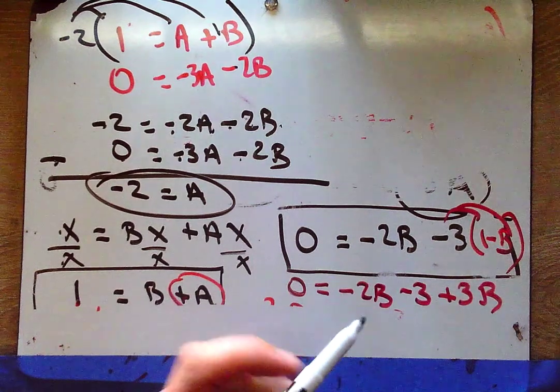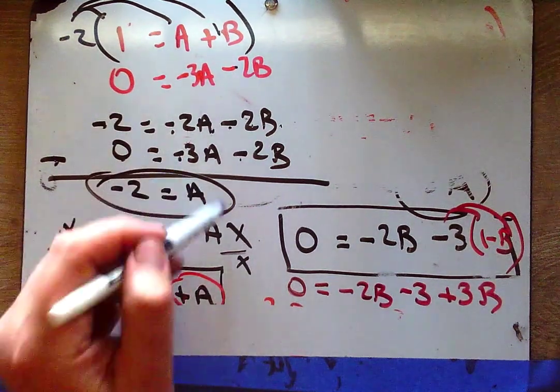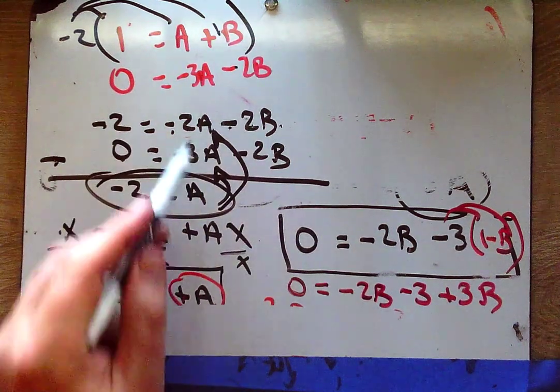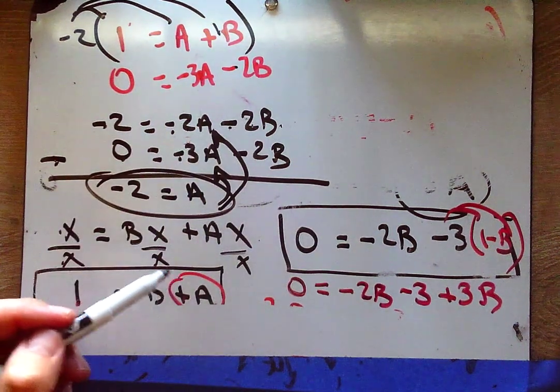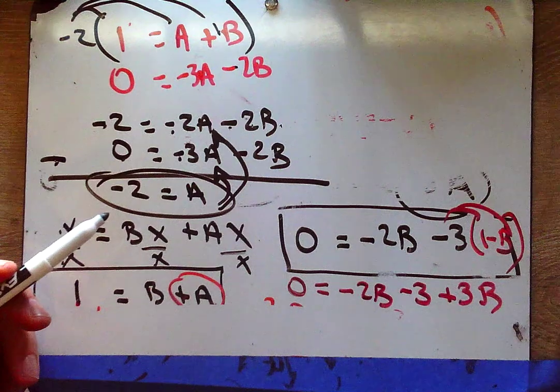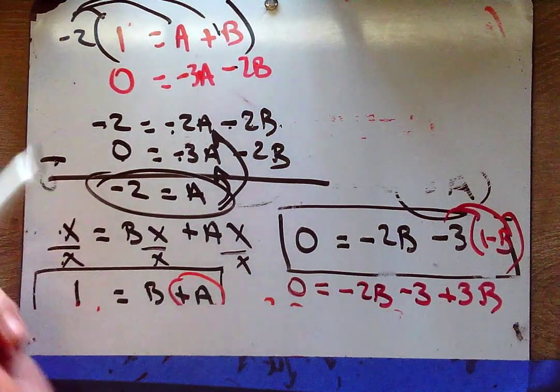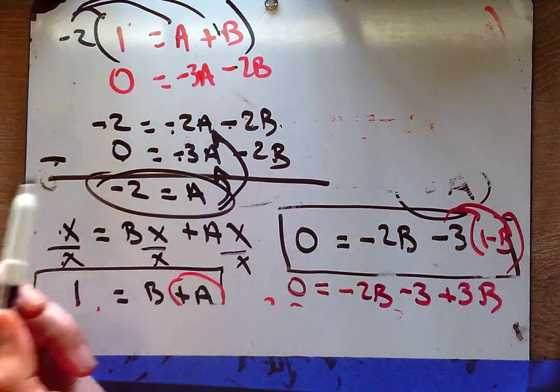So elimination is pretty good here. And remember, with elimination, once I found one of these letters, I'm going to plug that a value back into either equation to find my value for b. Okay, and we already know that b equals 3.